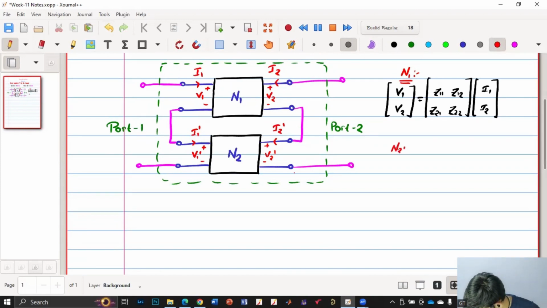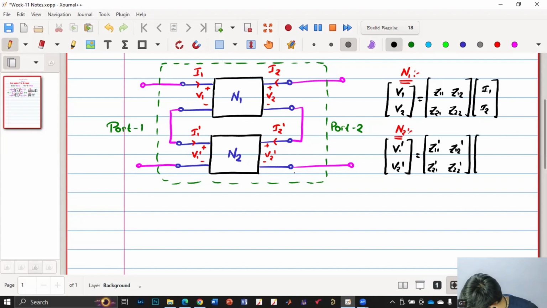Let me just write it on the top just to save some space. So for network N2 we have V1 dash, V2 dash equal to Z11 dash, Z12 dash, Z21 dash, Z22 dash into I1 dash, I2 dash. Right.